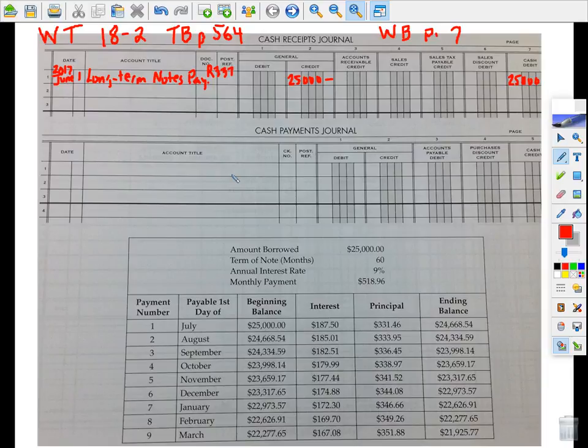Okay, so on July the 1st, let's put our date in there again, 2017, July 1. The liability is going to be called bonds payable.